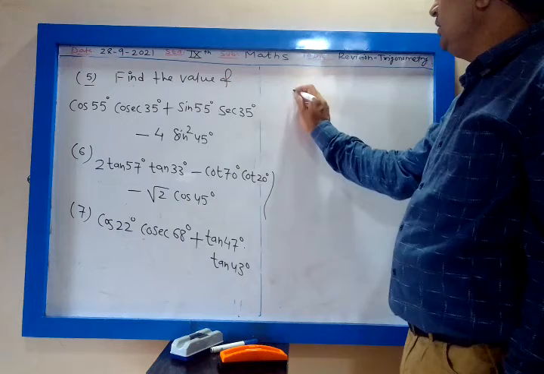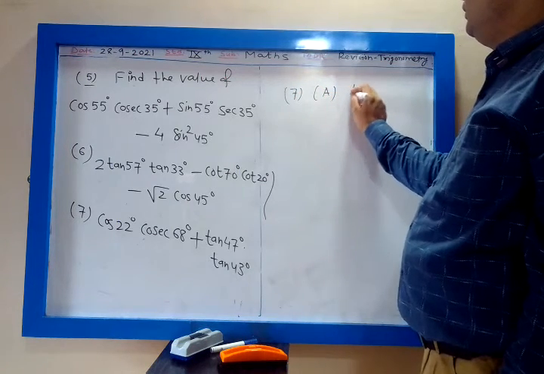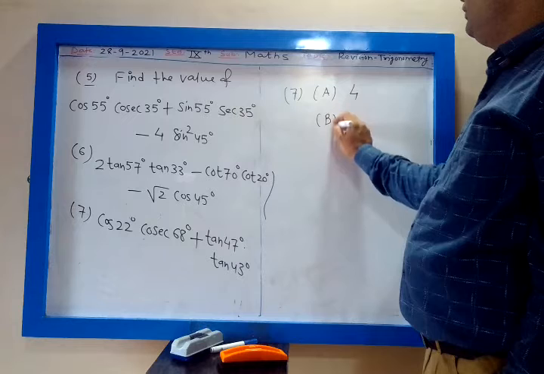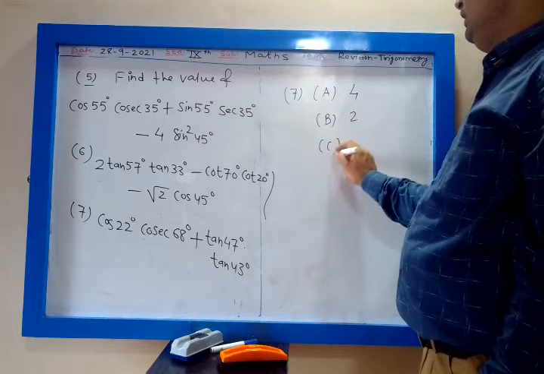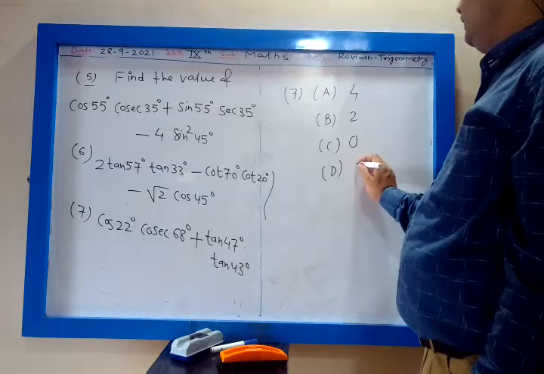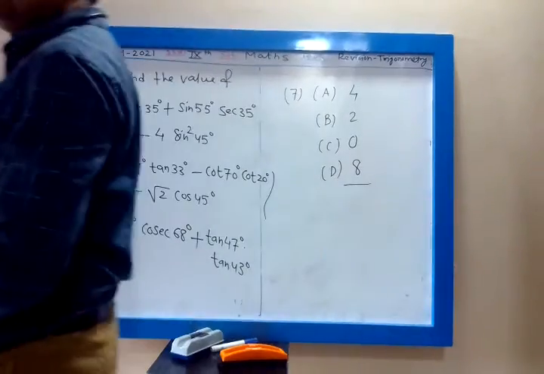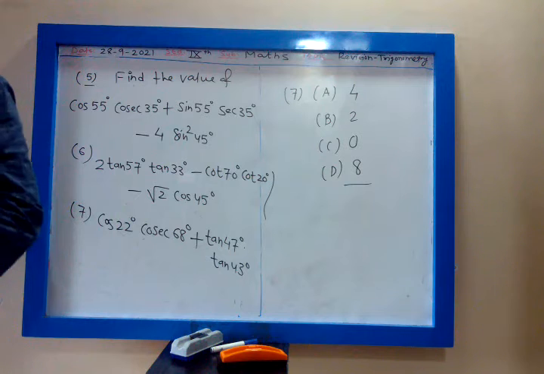Let me give you the option for 7. Option A is 4, B is 2, C is 0, D is 8. Send me the answer for 7th one.